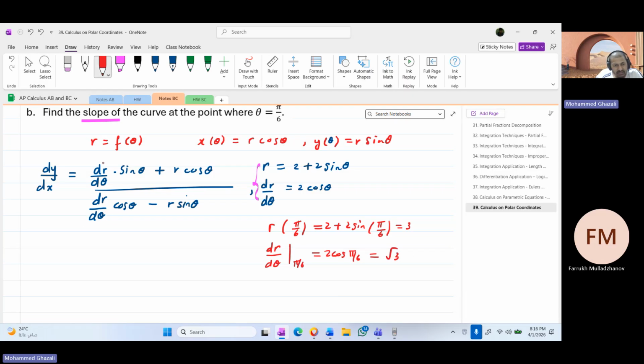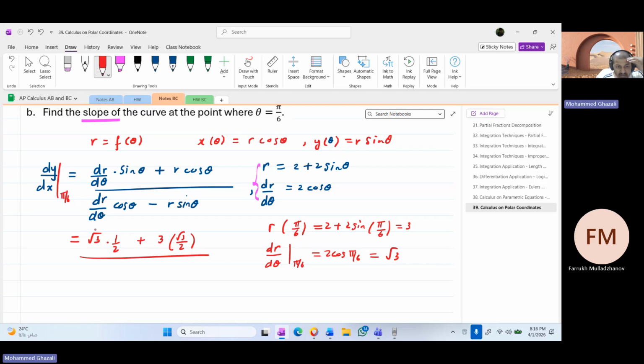Now you already know the answer. We are evaluating this at pi by 6, right? Now we substitute. dr/d theta is root 3. Sine is a half. Plus r is 3. Cos is root 3 over 2. Let's substitute everything and then simplify at the end.